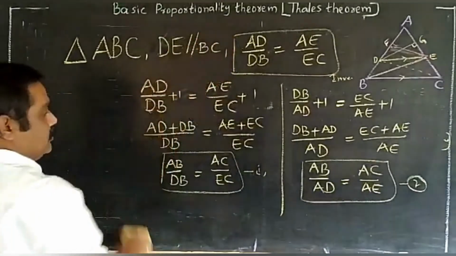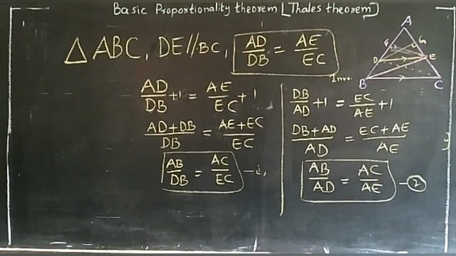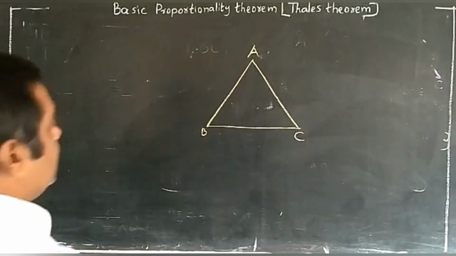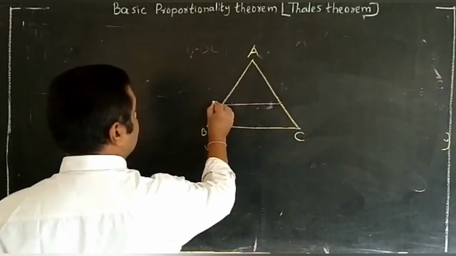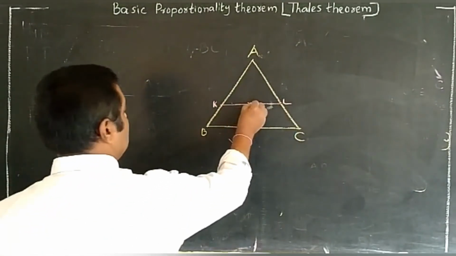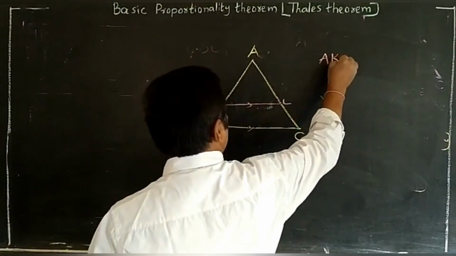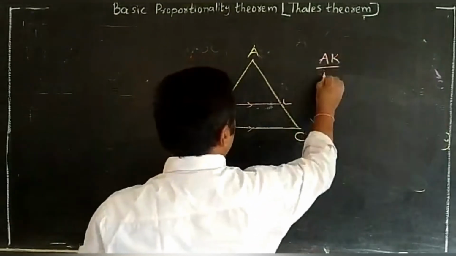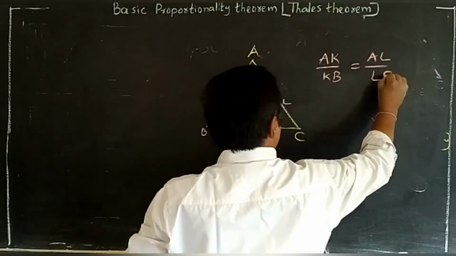Example, I am going to give you one more, children. Here one triangle ABC is there. I am going to draw one parallel line KL. If I write KL is parallel to BC, we have to say three types of answers. One is AK by KB is equal to AL by LC.